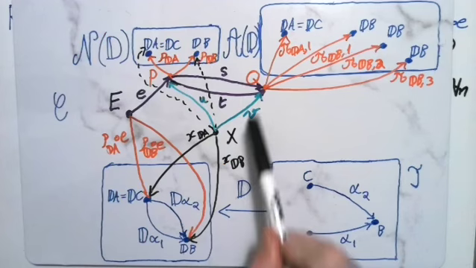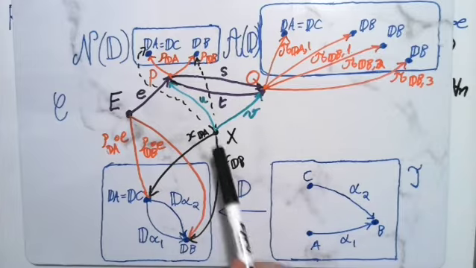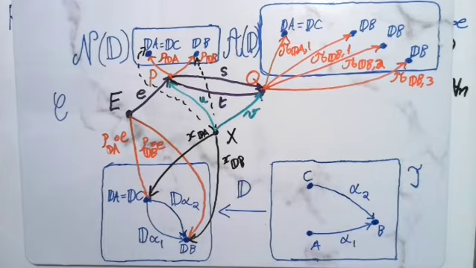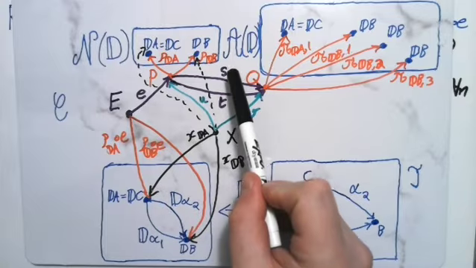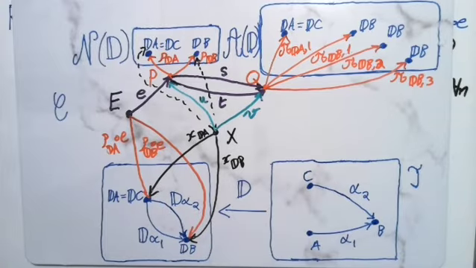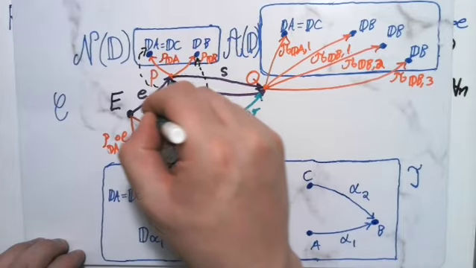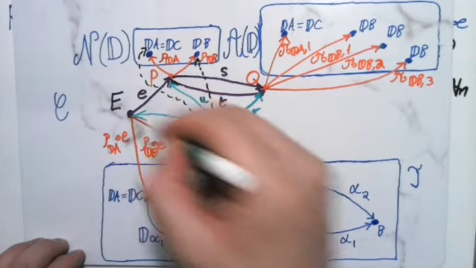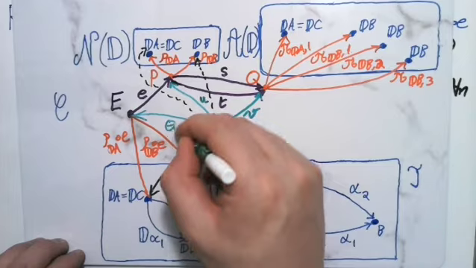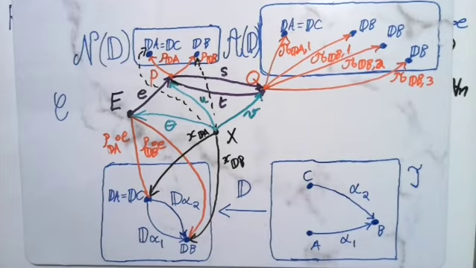But then look, s after u is equal to t after u, and E is an equalizer for S and T. So u equalizes S and T, and that means we need to have a unique mediating morphism theta going from X into E, the object of our equalizer.